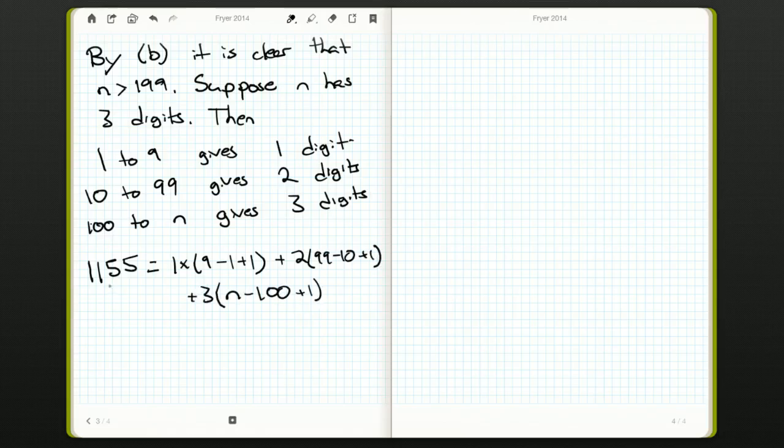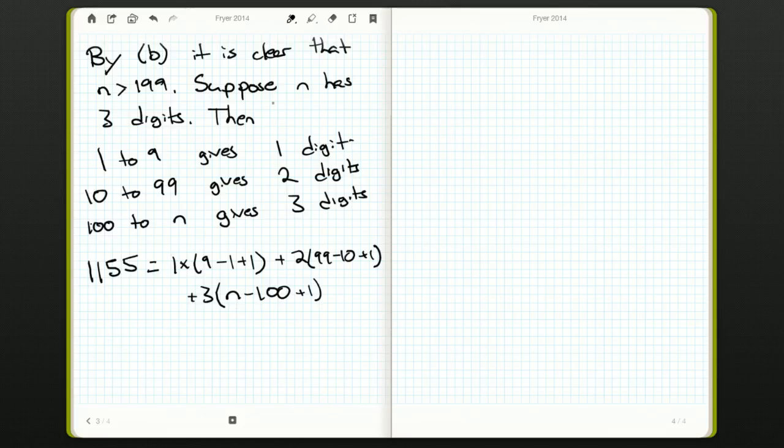And this in total is going to give us 1155. Now hopefully we should be able to solve for n as an actual integer. Maybe, I don't know, it's 600 and something. If n is not big enough, if n gives us some weird fraction, we know that our assumption of n having 3 digits is wrong. We'll have to look into it.